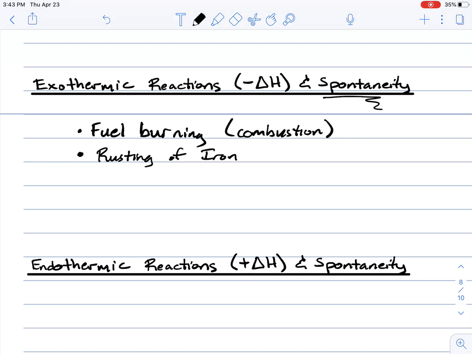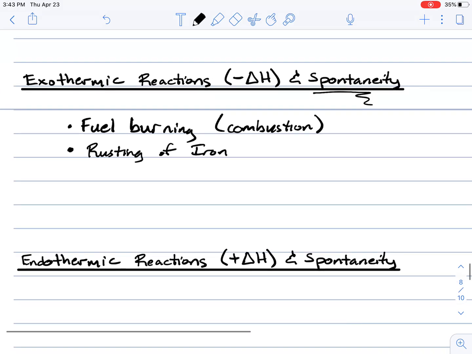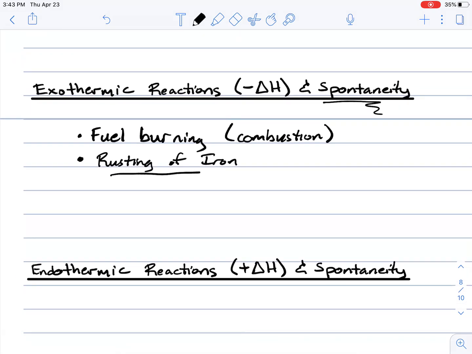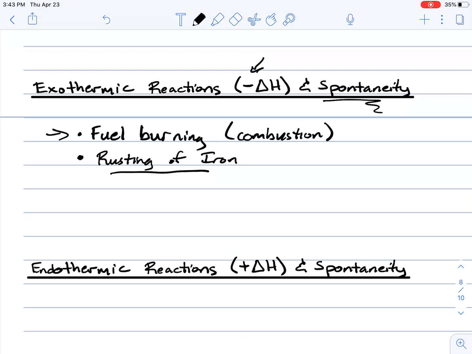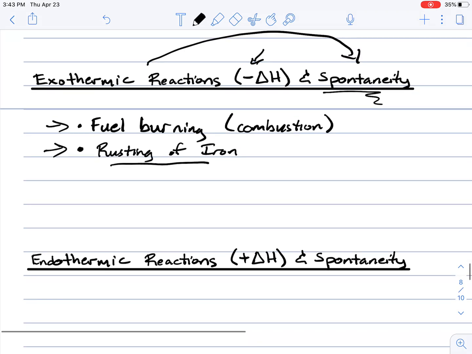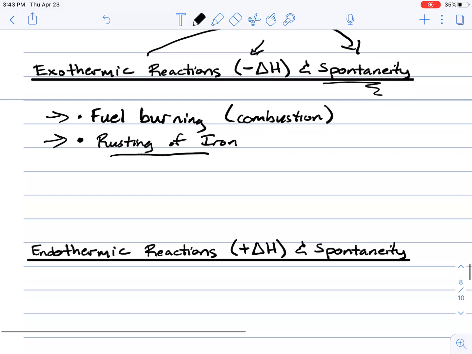However, if you perform the calculations, or do some type of experiment, you should be able to quantitatively determine that the enthalpy value for the rusting of iron, that full chemical process, is negative delta H. And so here we see a couple of examples in which exothermic reactions can lead to spontaneous reactions.